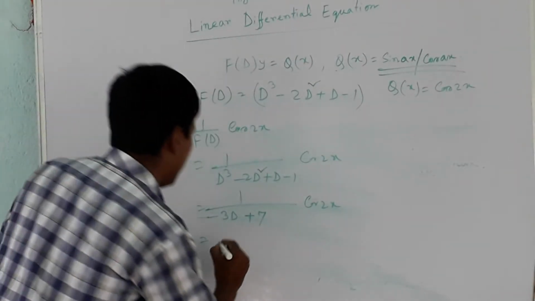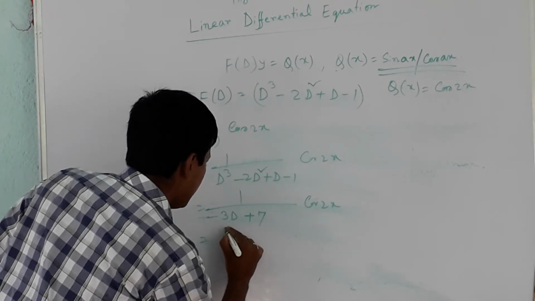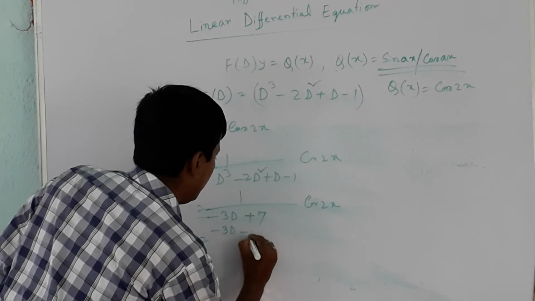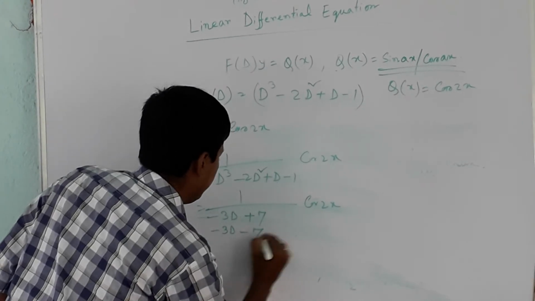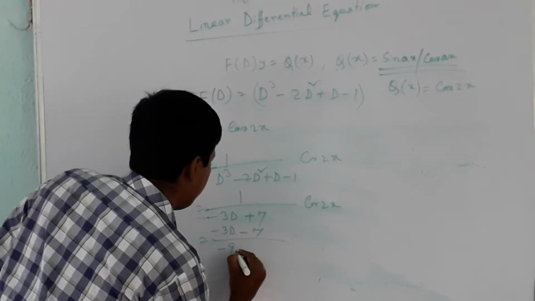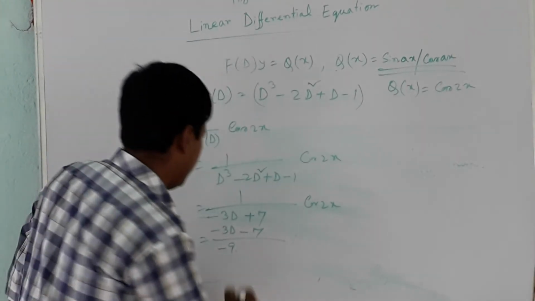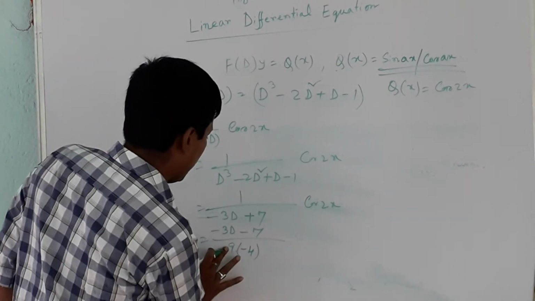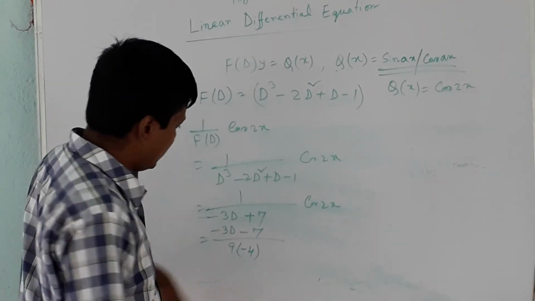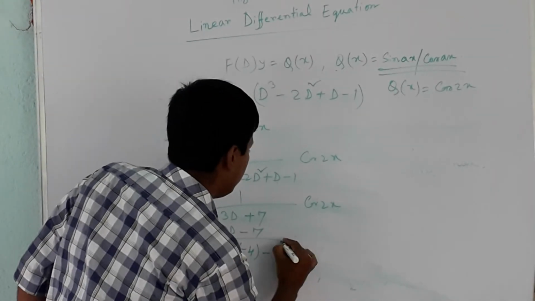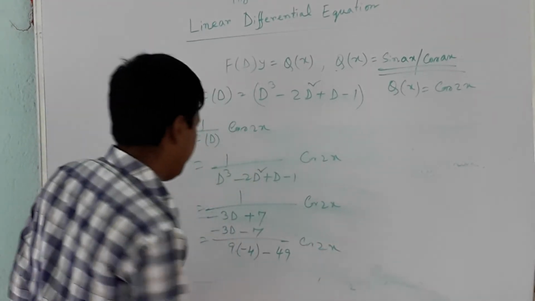So we need to multiply by (minus 3D minus 7) by minus 9 D square. Minus 9 D square has the value minus 9 times minus 4 is 36, plus 49, so 85 of cos 2x.